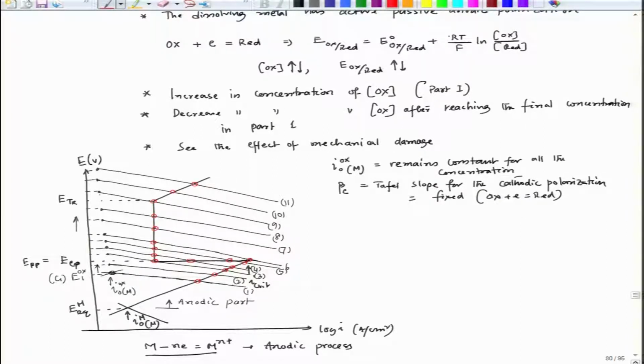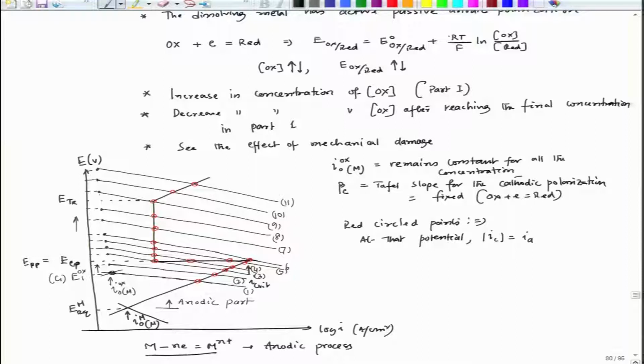Now, if we try to see the corrosion rate, those red points are the points where mixed potential theory is maintained. At that potential, I C equal to I A.